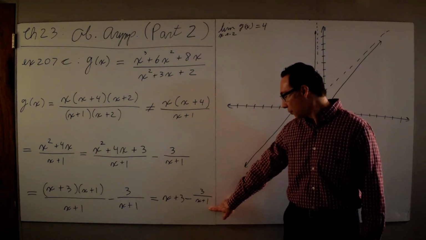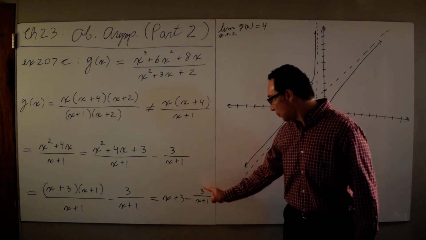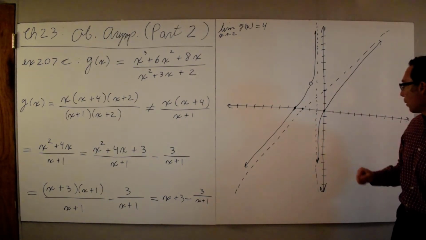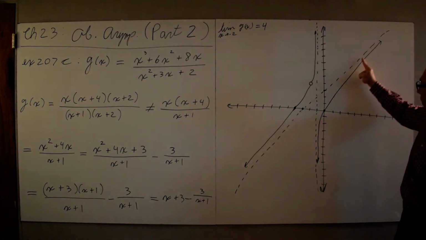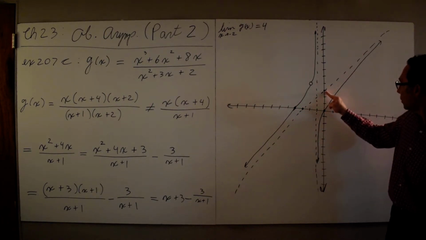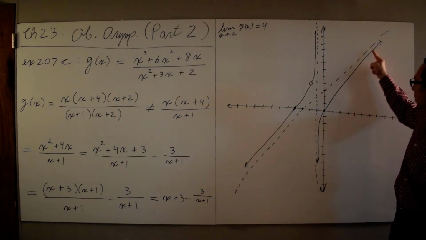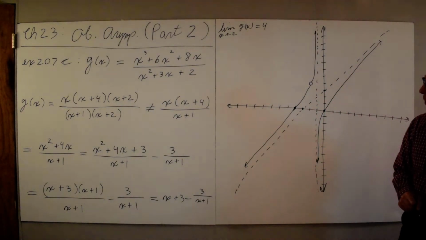So we do preserve the equation here. But this helps us read the oblique asymptote. The oblique asymptote is now just y equals x plus 3. So that has slope 1 and y-intercept 3, and I mark this 3 and then this -3 to draw this line. So that's our oblique asymptote.